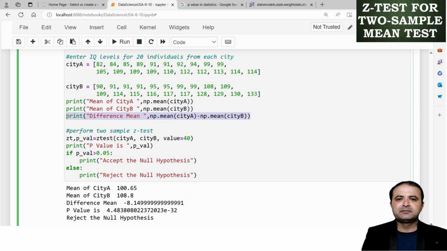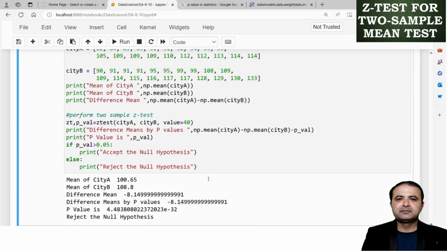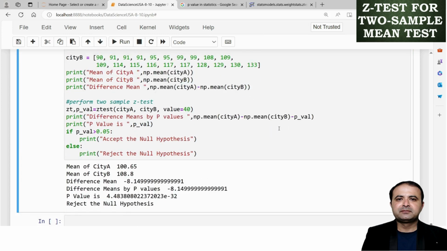Now I also want to differentiate after the mean. So you can see the difference of the p value is also the same.